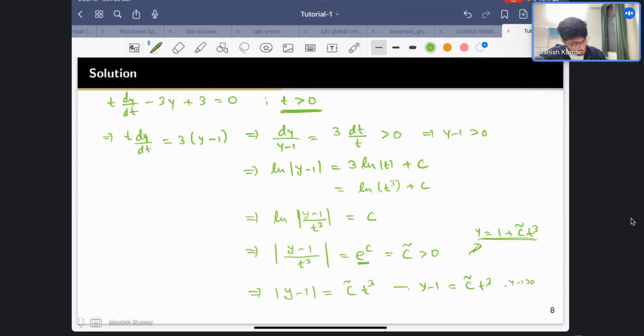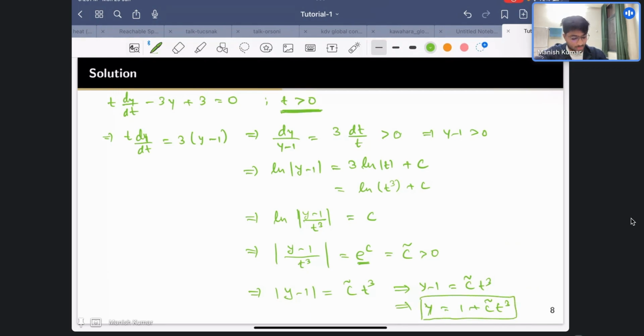So you just need to consider this case, which gives y equal to 1 plus c tilde t cube. You have this as a solution of this differential equation.